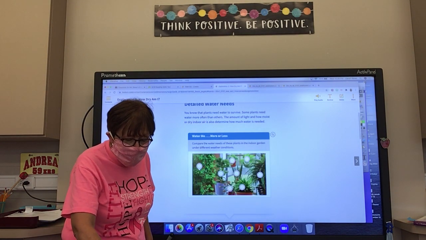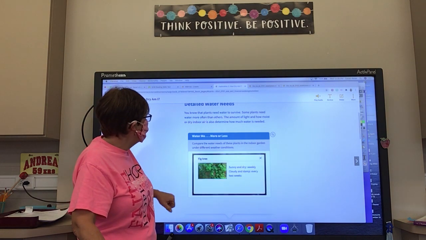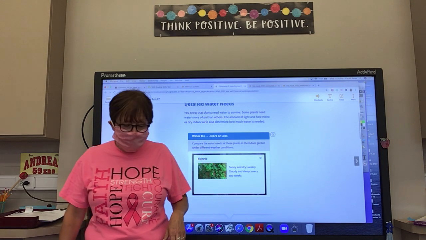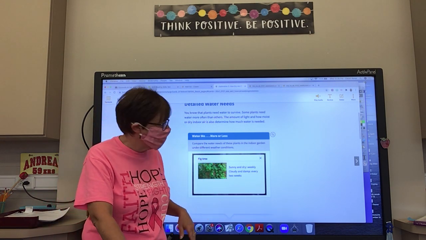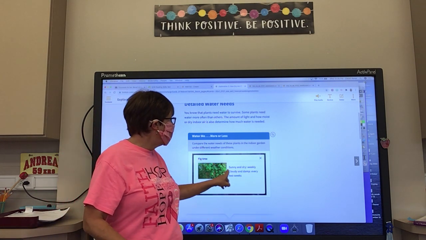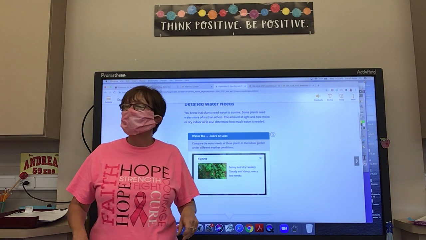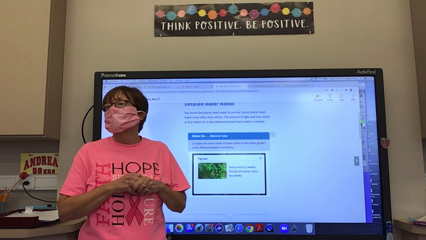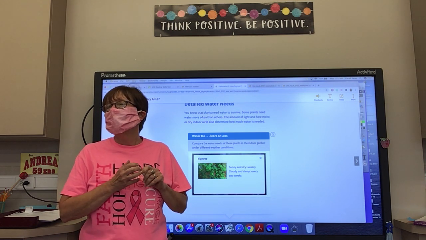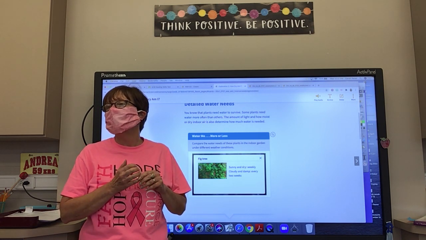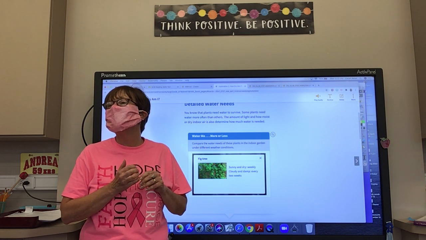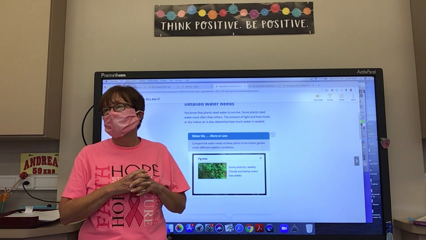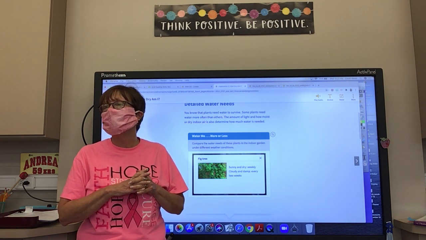Now, our next plant is a fig tree. Elisa, look at the fig tree. How often do we have to water a fig tree in sunny and dry conditions? Weekly. So we're going to be gone 2 weeks. If we have to water it weekly, how many times is that?